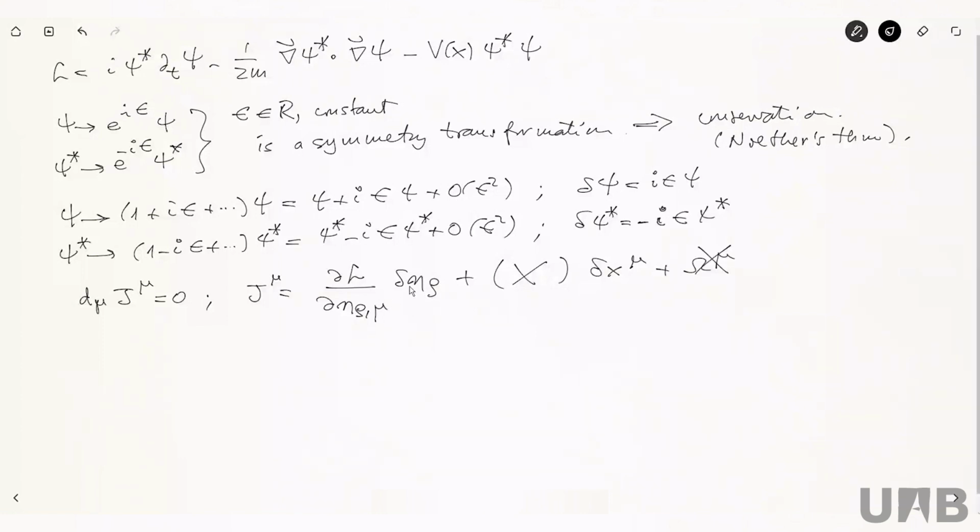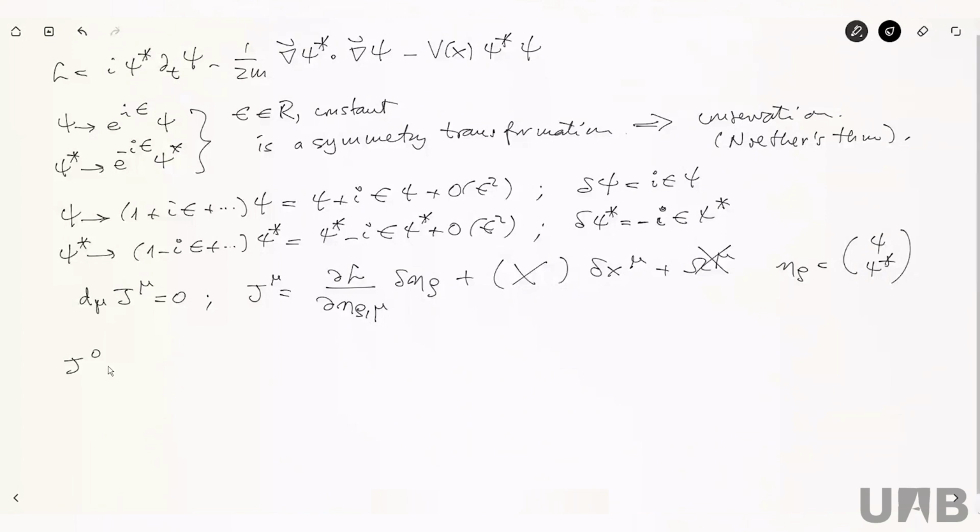So now I have to compute this thing where η^ρ is ψ and ψ*. These are the two fields that I have. So who is J0? We compute J0, we compute Ji, and then we just do this calculation.